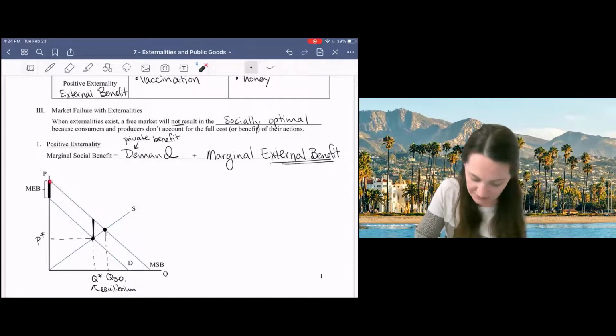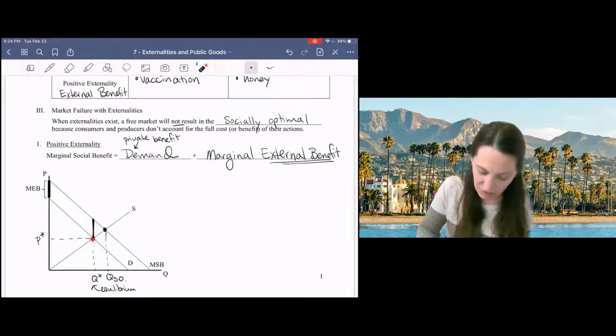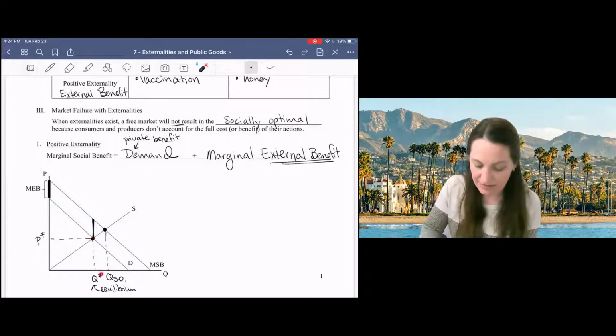So what's best for society, if the benefit is bigger than the cost, is to produce at this socially optimal quantity. But the market will not be able to achieve that quantity because the consumer doesn't take into account the external benefit. So the private decisions of consumers and producers yield only this smaller market equilibrium quantity.